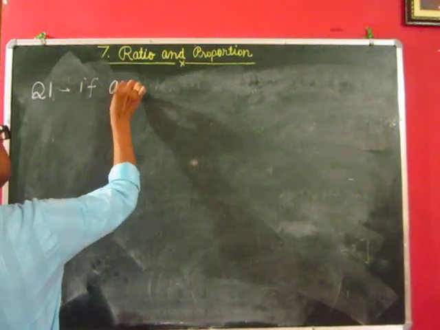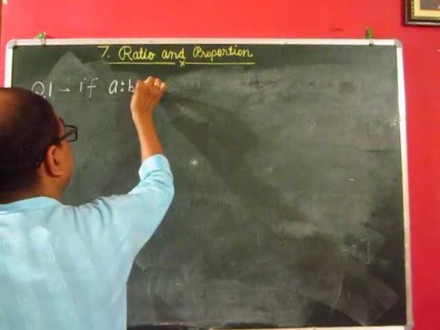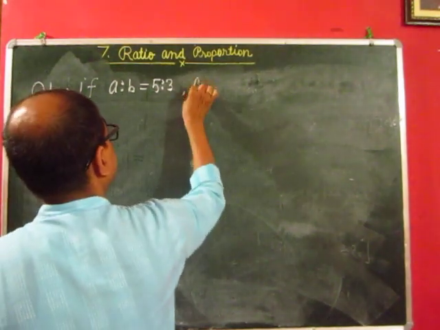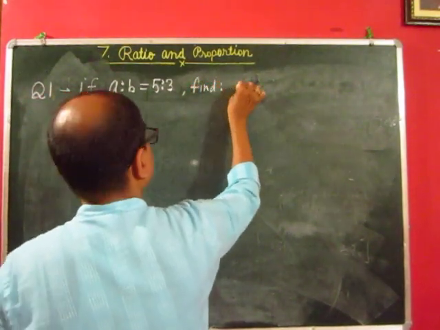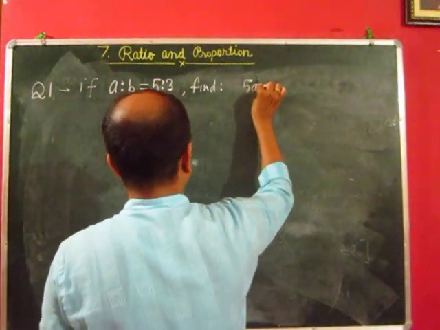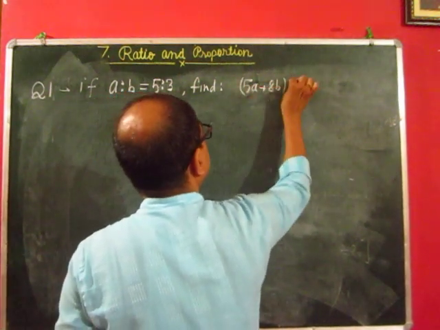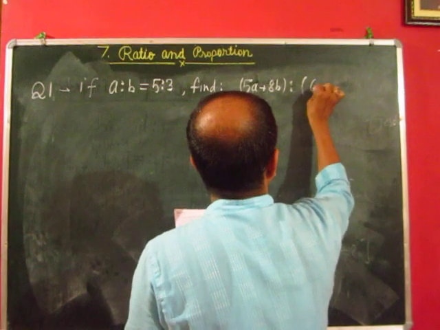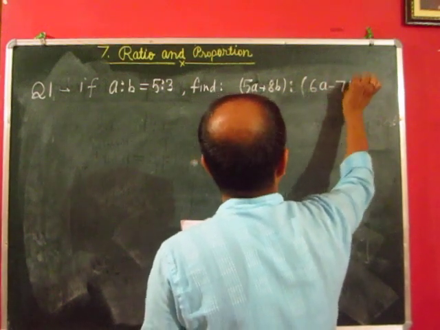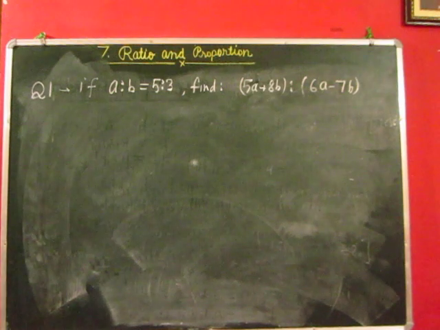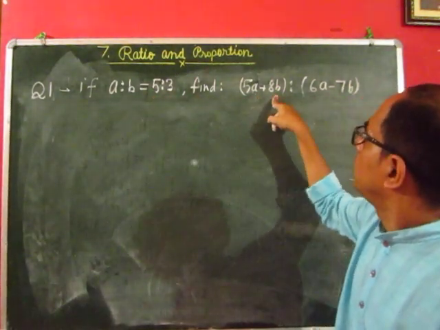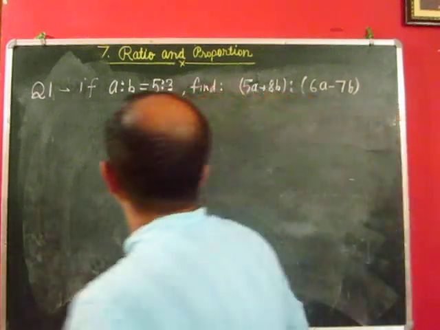If A is to B equal to 5 is to 3, find 5A plus 8B is to 6A minus 7B. Clear? So if A is to B equal to 5 is to 3, find 5A plus 8B is to 6A minus 7B. Clear?